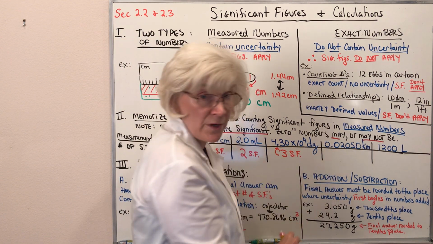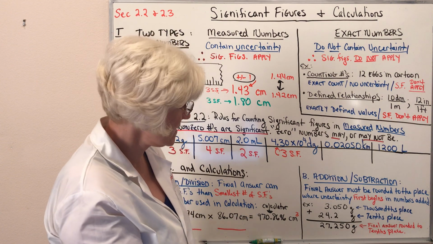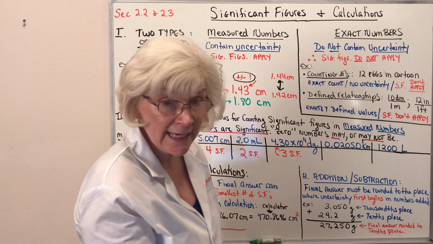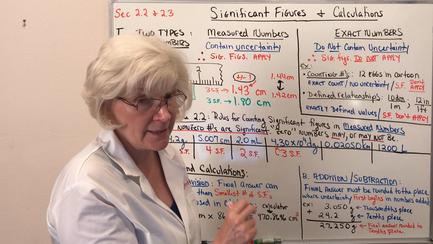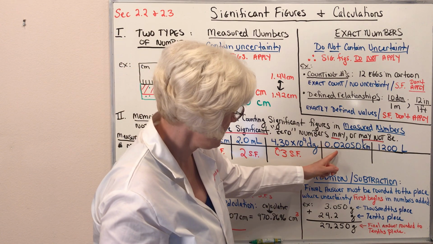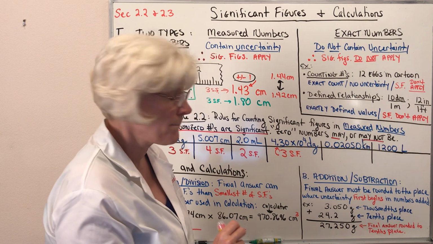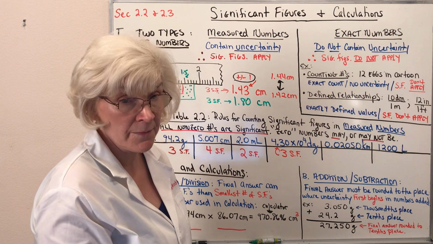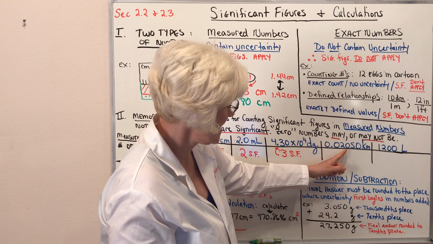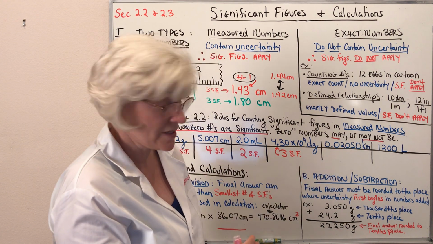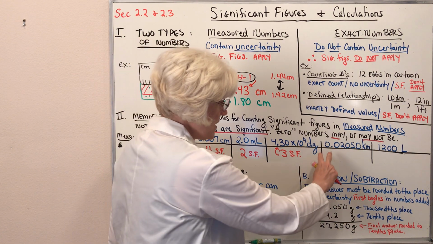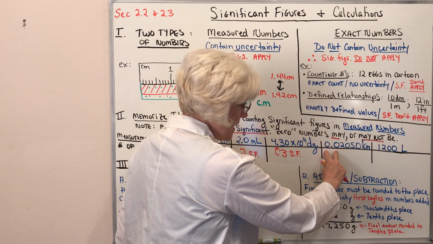It's beginning with what we call leading zeros. These leading zeros are not significant. Zeros that appear before a non-zero number are not part of the uncertainty of the measurement. They're just indicating the magnitude or size of the value. So these leading zeros, not significant.